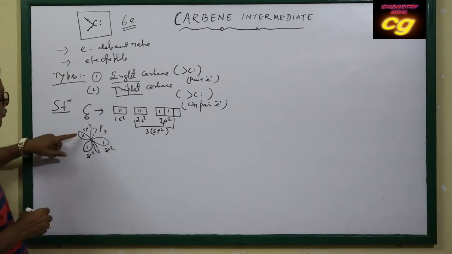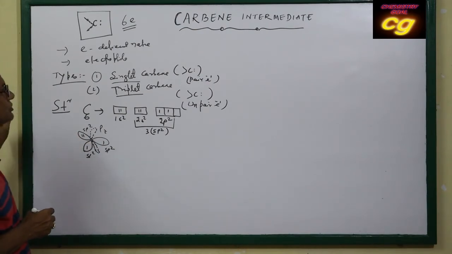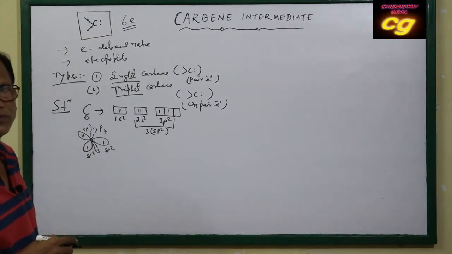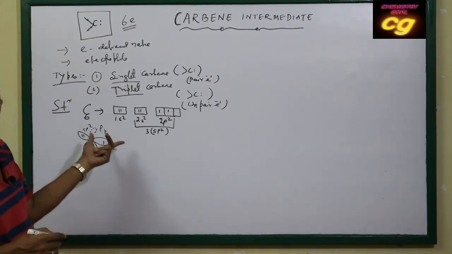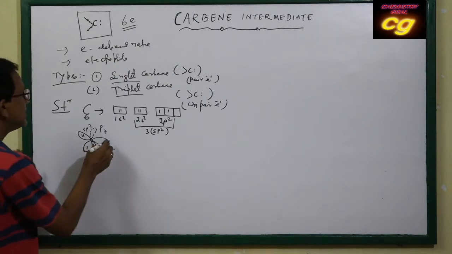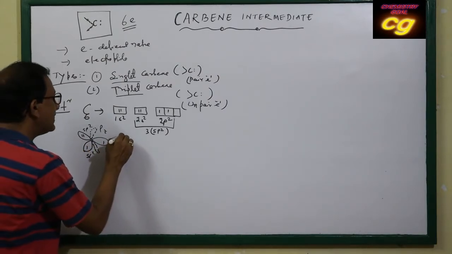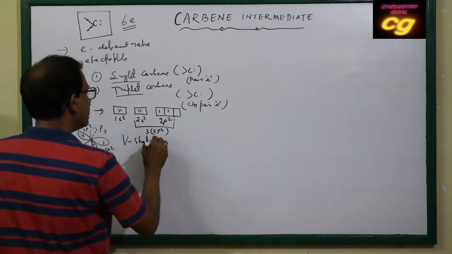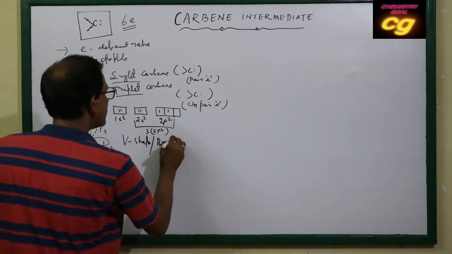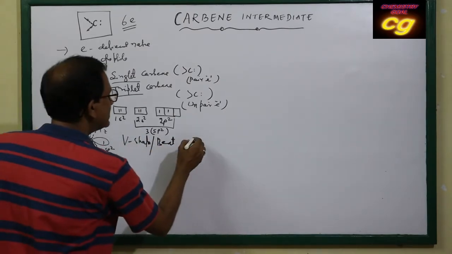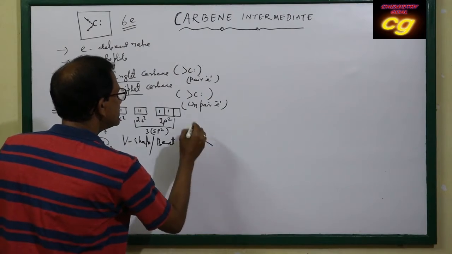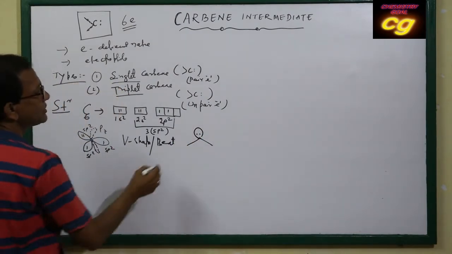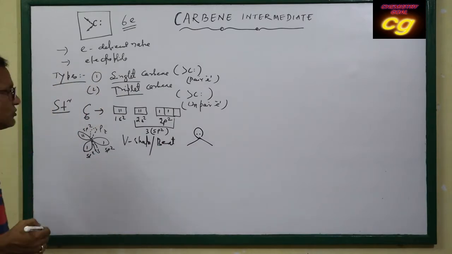So there is one lone pair and 2 bonds. The orbitals having a single electron form sigma bonds with the bonded atoms. This is sp2 hybridization with a bent or V shape. This is the carbon atom and these are the 2 bonded atoms.